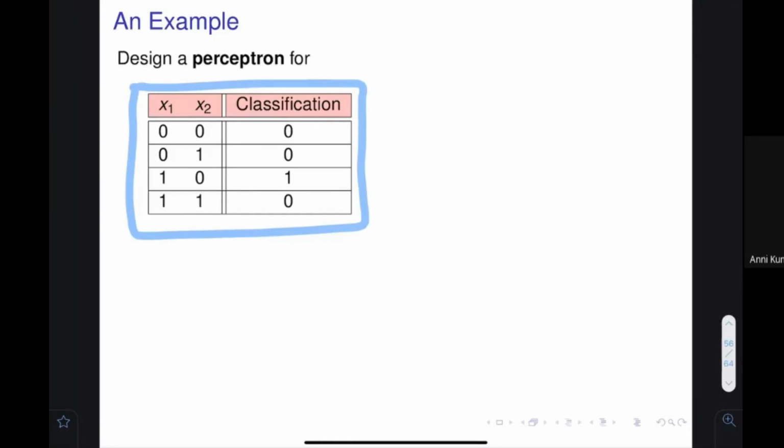How many input parameters are there? 2 parameters. So the equation would be something like W0 plus W1 x1 plus W2 x2. If it is greater than 0 for this case, otherwise it should be less than 0. Make sense? Everybody clear?